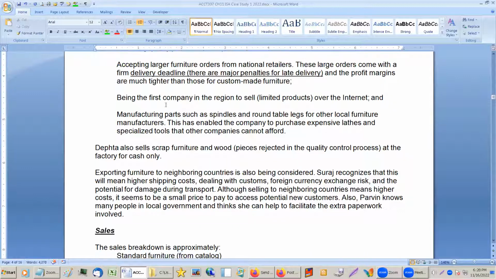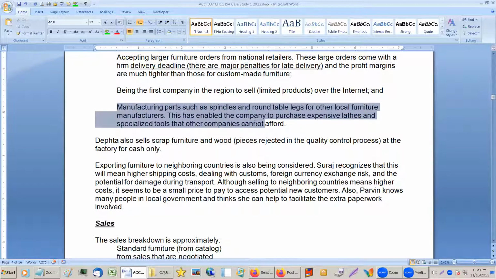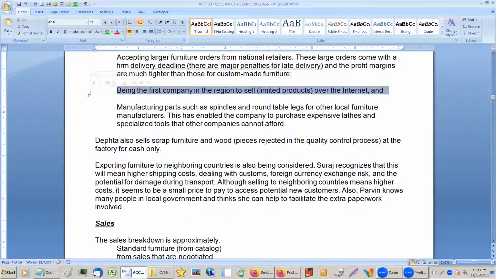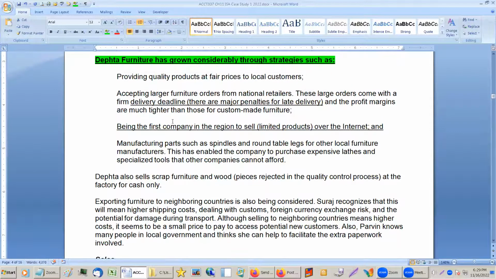They're the first company in the region to sell limited products over the internet. And they're manufacturing stuff for other ones. This is right now an advantage, but in the future it may not be. If people see that it's profitable, you might get more competition there.